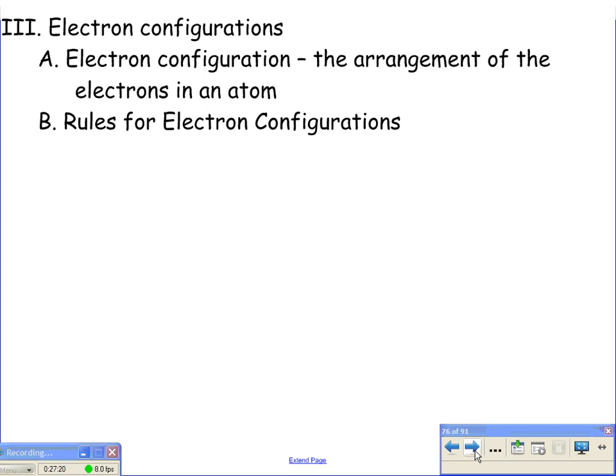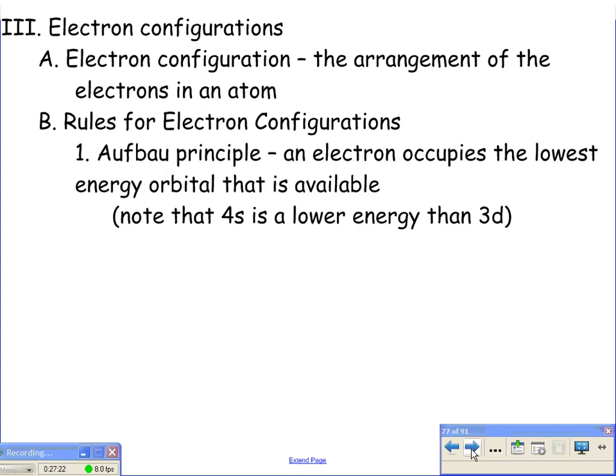We need to make sure that we know the Aufbau principle, which says when electrons are starting to fill in an atom, they're always going to go to the smallest energy level first. So they're always going to go down to the first energy level closest to the nucleus and start filling there.